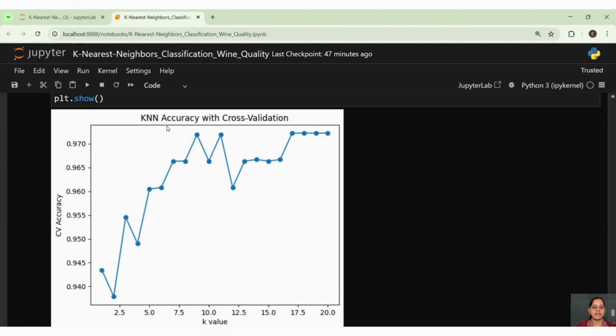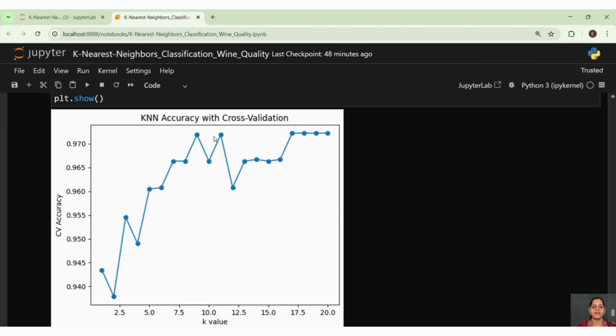If you see from this image itself, because we have taken k from 1 to 20, this is the accuracy distribution among those different k values. And we can clearly see that the best predictor which it has taken is correct.